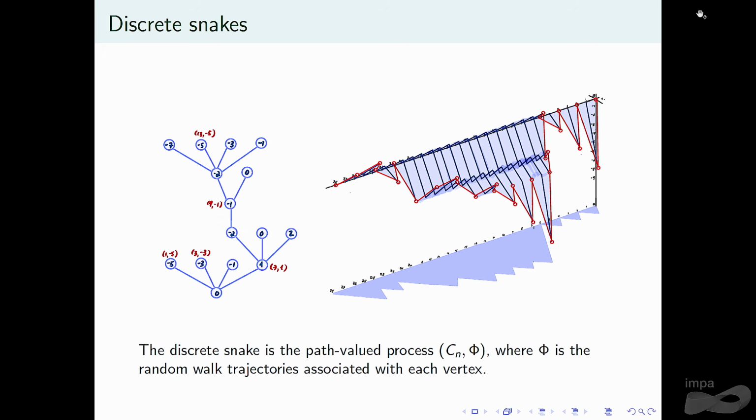Every time we see a vertex, we record its path to the root. Because we're considering linearly interpolated versions, we get a surface here. Underneath, the shaded region is the area underneath the contour function. This shows that these trajectories have the same length as their heights in the tree.